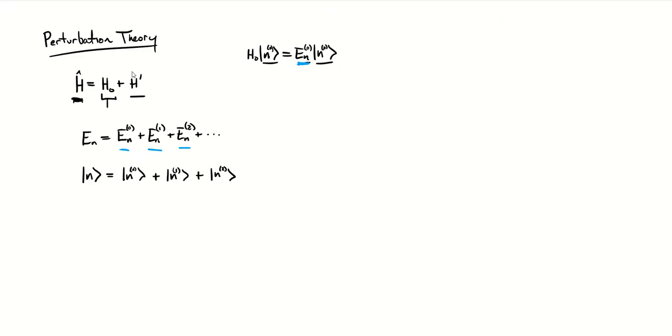And what we ended up doing here is we took this whole idea and developed perturbation theory, and we ended up with these equations. This was the zeroth order equation, and then we had a first order equation that we started to look at in the last video.